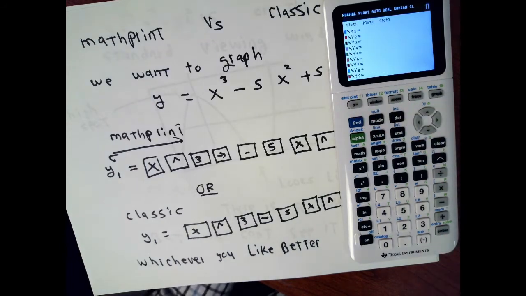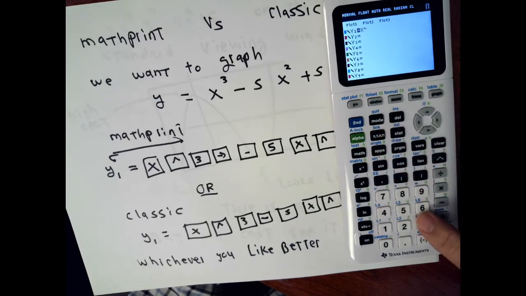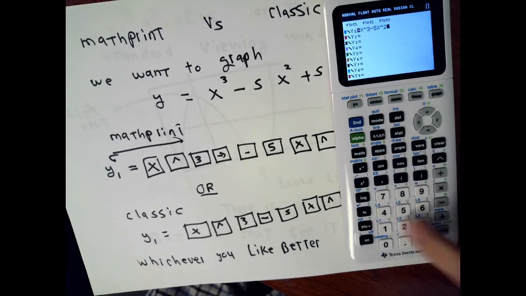I want to put in the same function. Y is x cubed, but notice it didn't put the exponential picture that you had before in, so I can just type minus 5x to the 2 plus 5. In classic mode, that's how we would put this in.